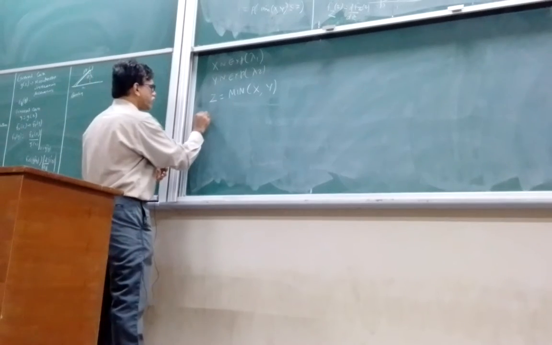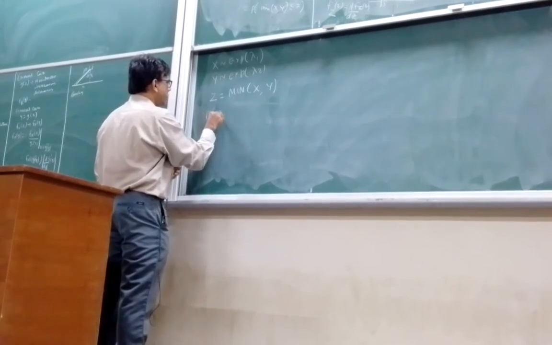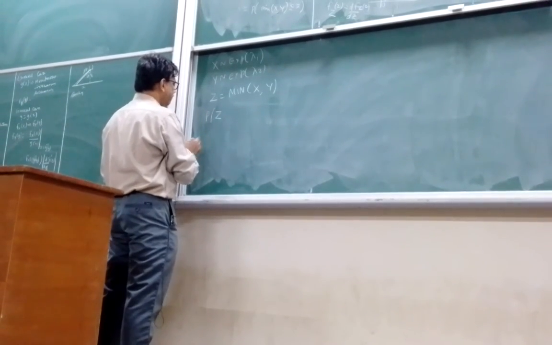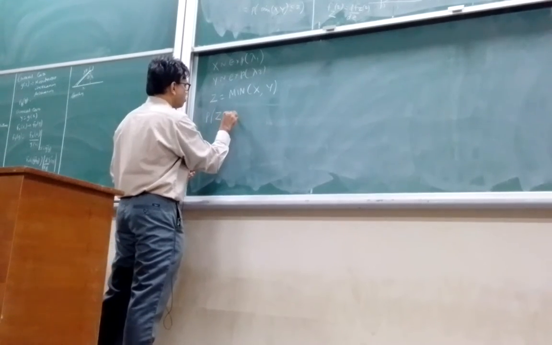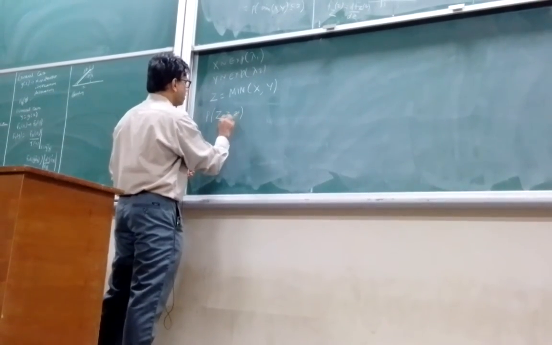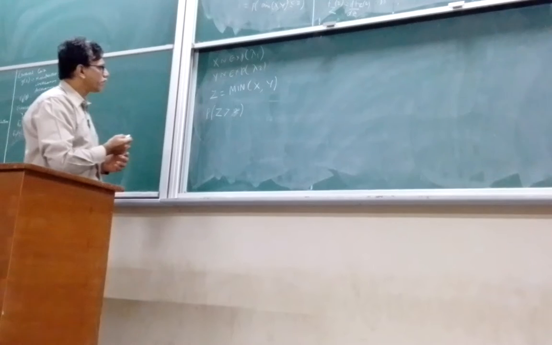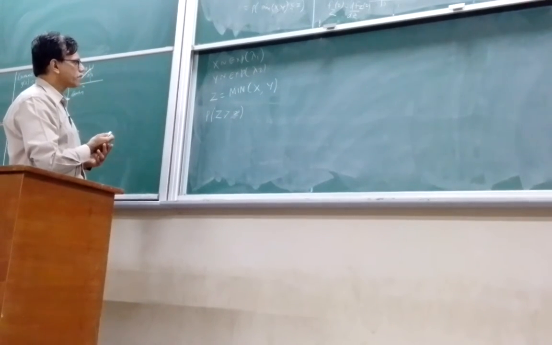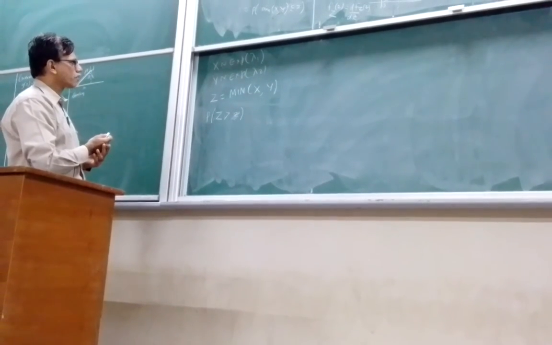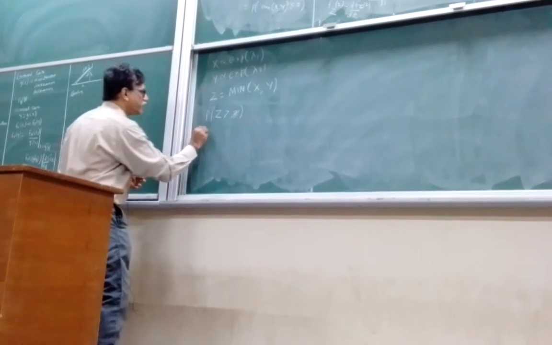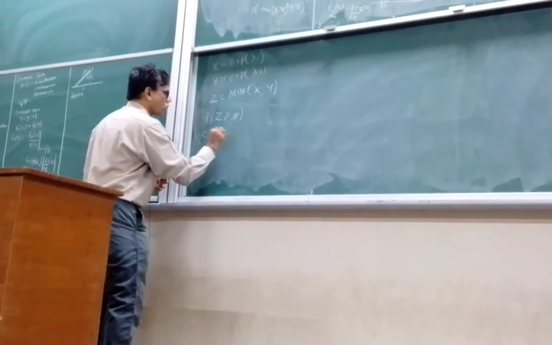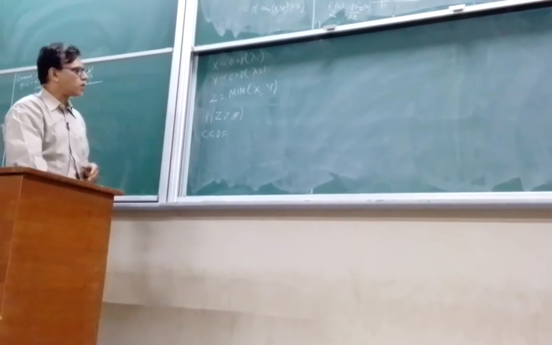Okay. Let's take the case where Z is greater than small z. This is the CCDF. And this way of approach is the one.